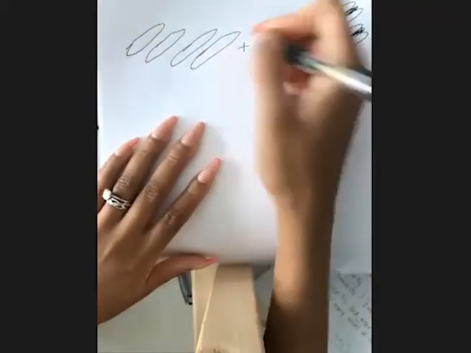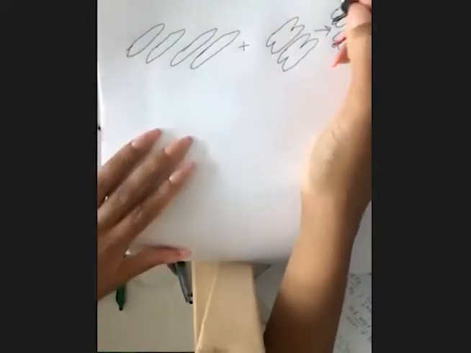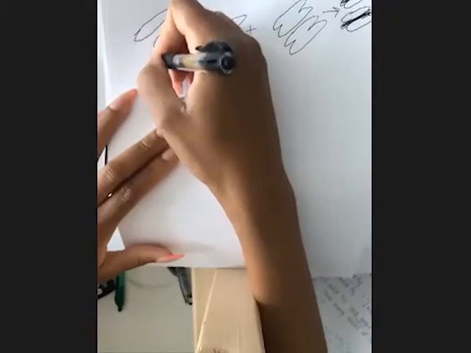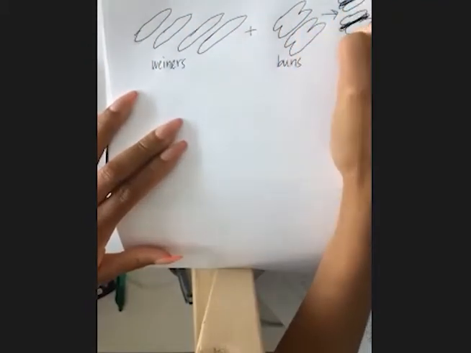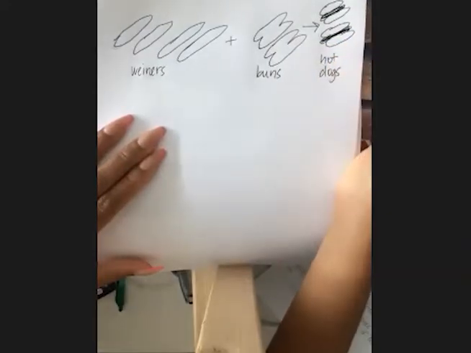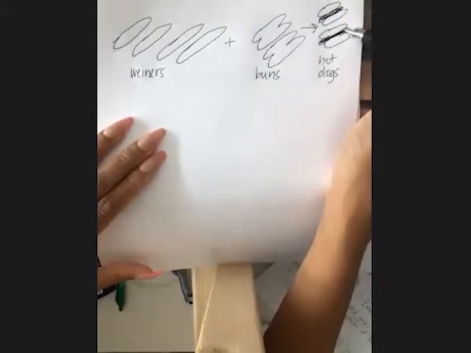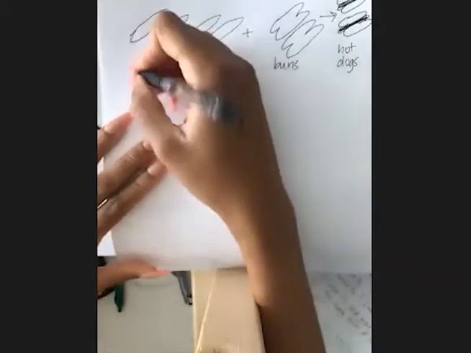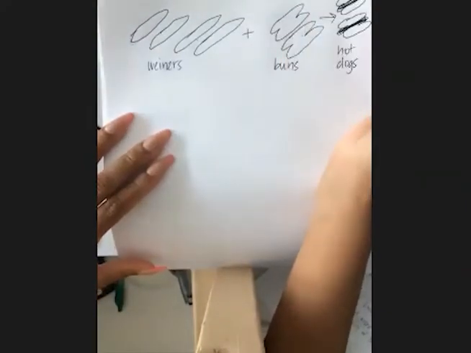So this is my equation. This happens a lot, meaning if these were my wieners and these are my buns, I can only make 2 hot dogs. And we all see that because I only have enough buns to make 2 hot dogs. So if I have 2 buns and more than enough wieners, that's what that is essentially saying.